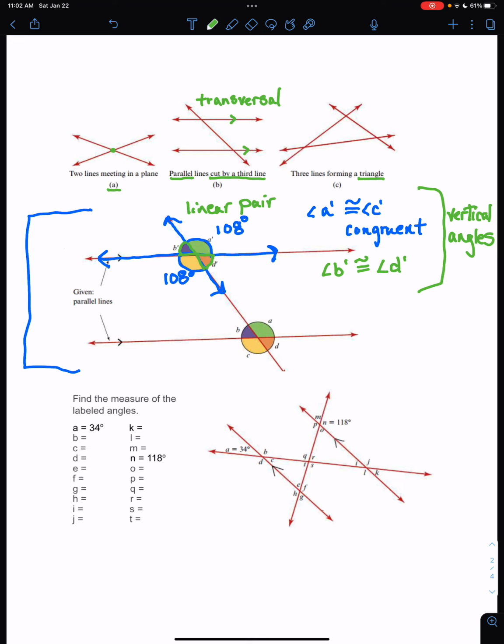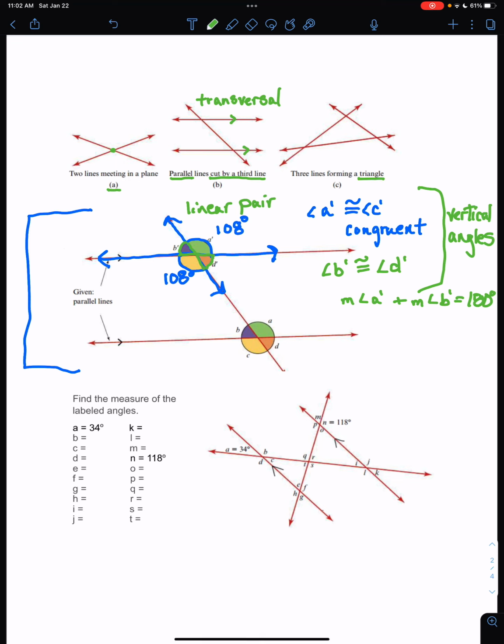Go and review that terminology if you haven't already, and you will know that the measure of angle A prime plus the measure of angle B prime is going to equal 180 degrees.